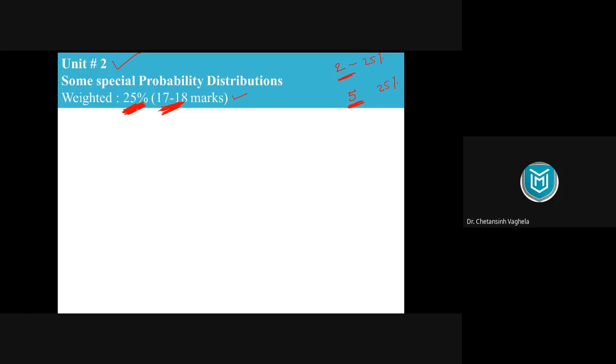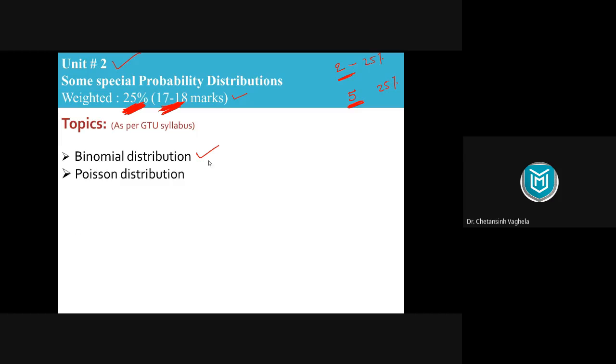And what we are supposed to cover in this particular unit, इस यूनिट में कौन कौन से टॉपिक है? As per the GTU syllabus, let me tell you the topics which we are supposed to cover in this particular unit as per the syllabus provided by GTU. First, we will go for the binomial distribution. This will be our first topic. Second, we will move to the Poisson distribution. Then Poisson approximation to the binomial, that means this is just a part of Poisson.